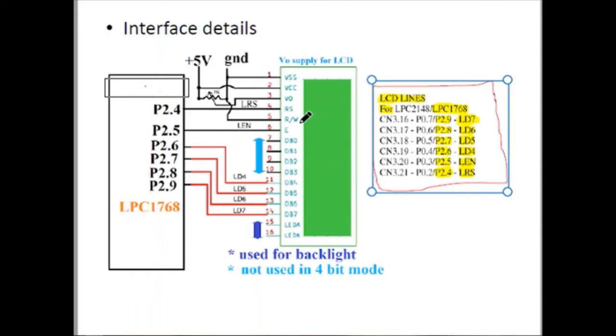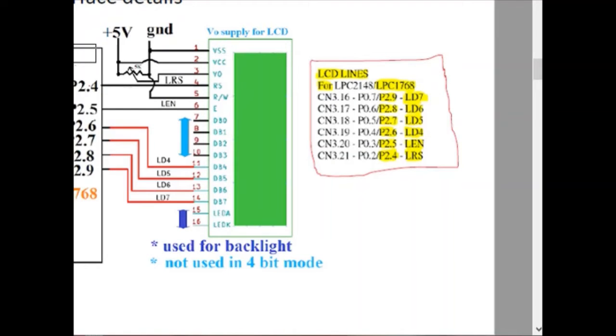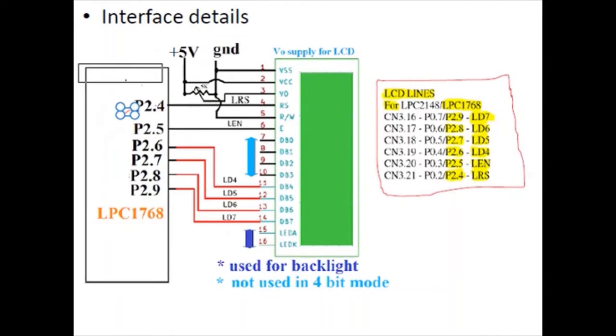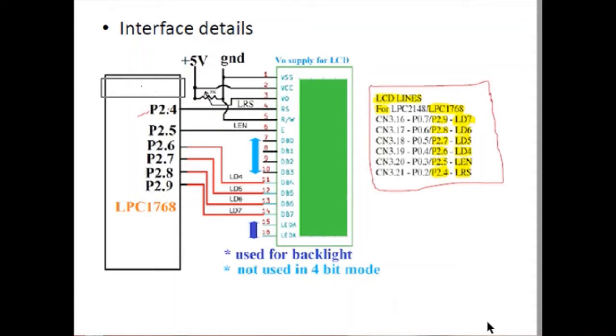In order to have control over register select, you have to program bit number 4 of port 2. So as you can see here, you have to program P2.4 in order to have control over the RS pin. Similarly, P2.5 is for enabling.